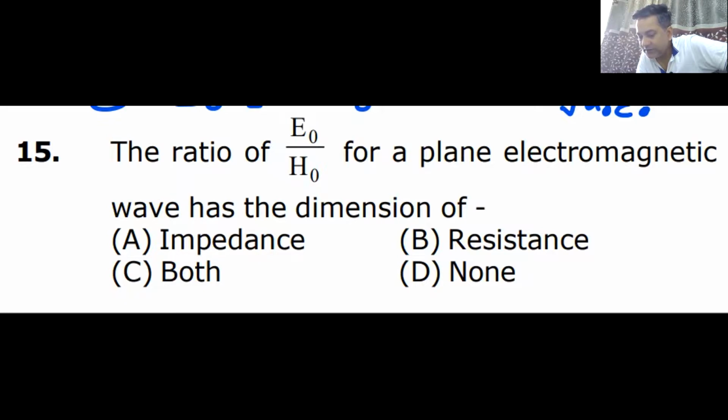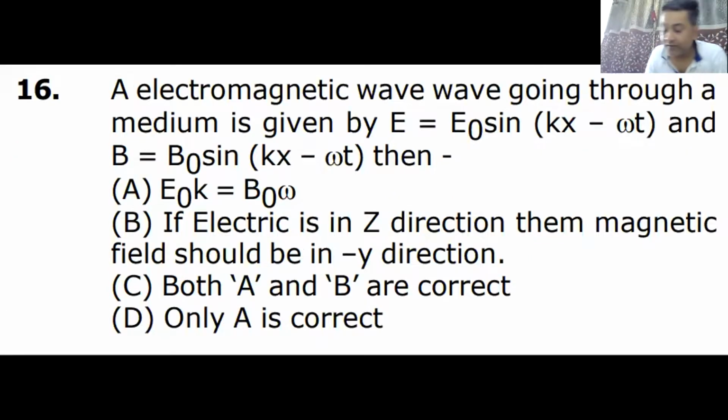Impedance, resistance, both, none. Okay, you don't know these terms right now, so let me not bring it up now. We'll probably go to that question afterwards when we are done with this.